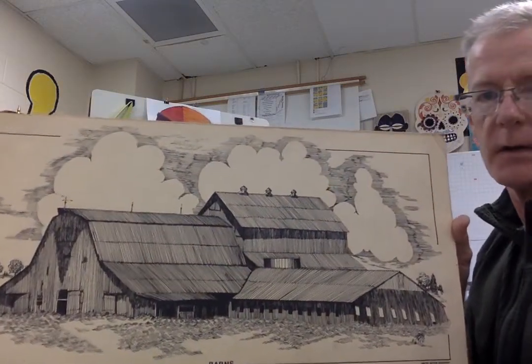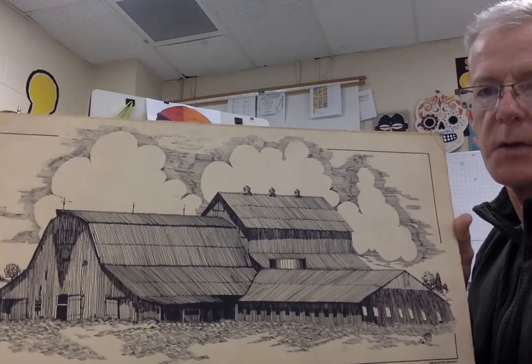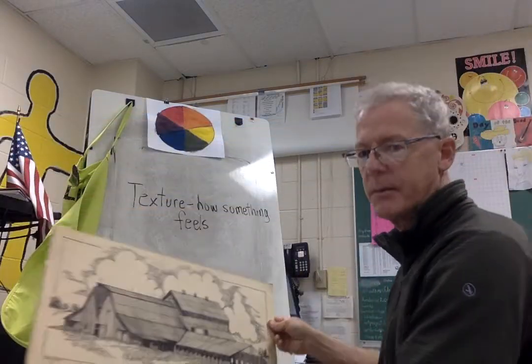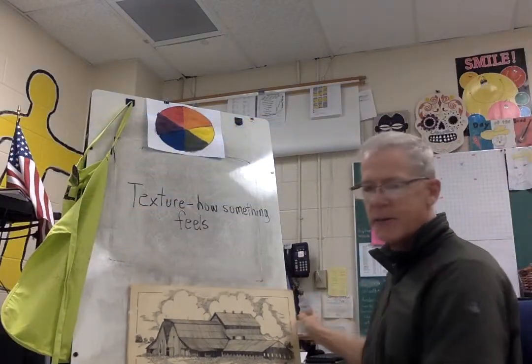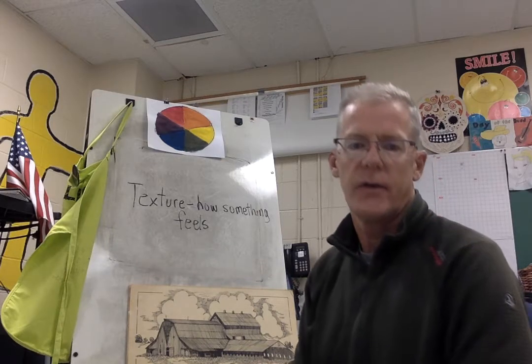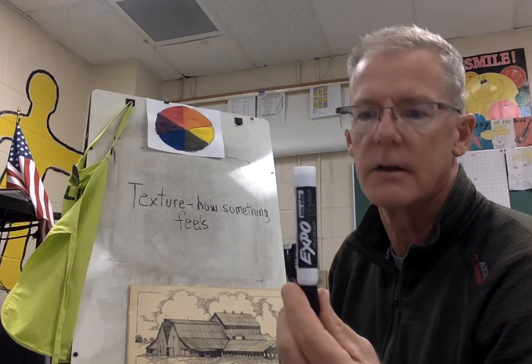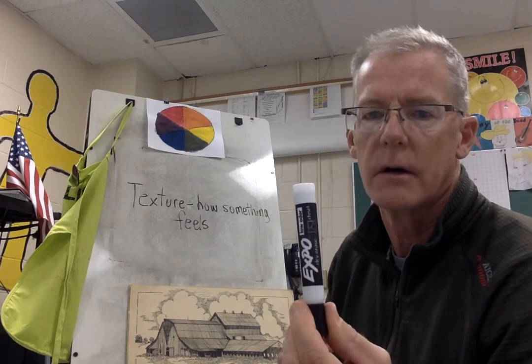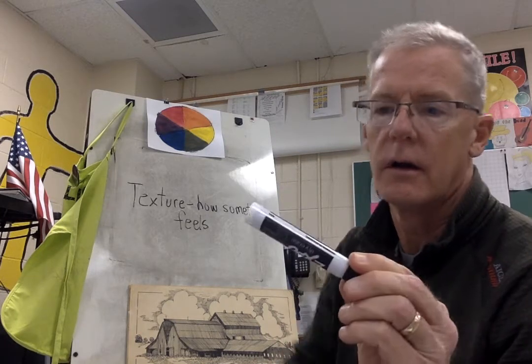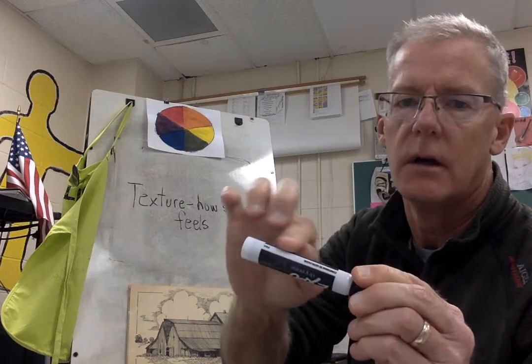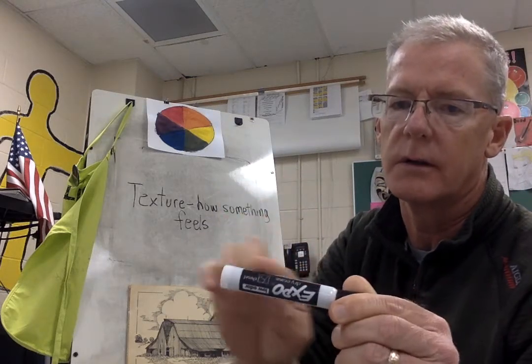Okay? So I'm going to come back to this picture in just a few minutes. But I want to give you some examples of objects and how they feel. What kind of object is this? That's a marker. It's hard when I feel it, but it's also very smooth on the outside.